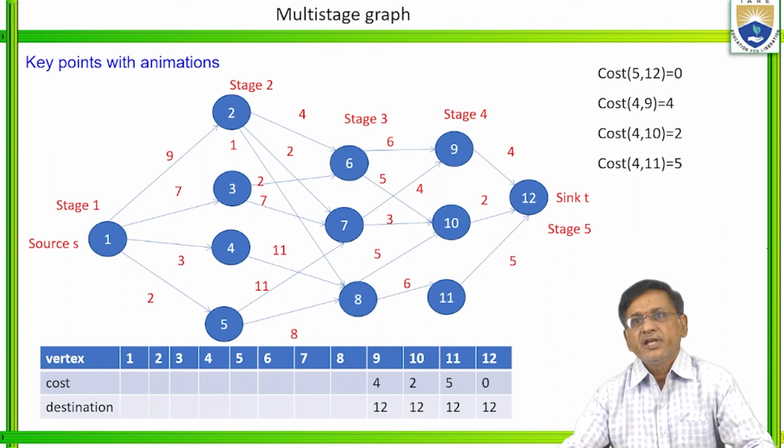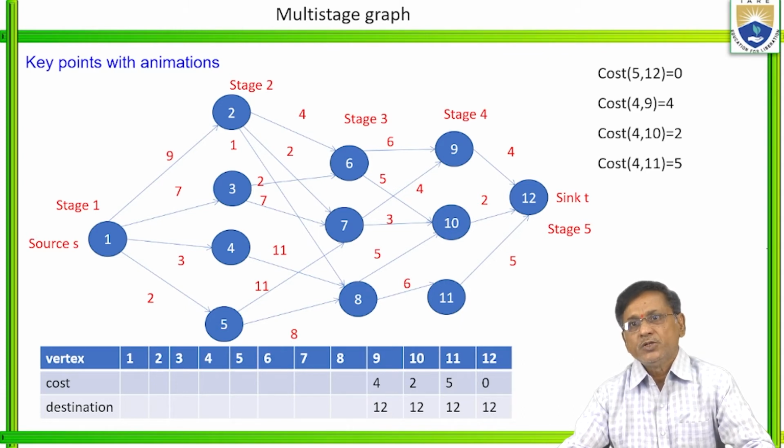So cost of 3, 8 is equal to cost of an edge 8 to 10 plus cost of a vertex 10, or cost of an edge 8 to 11 plus cost of vertex 11 in the fourth stage.